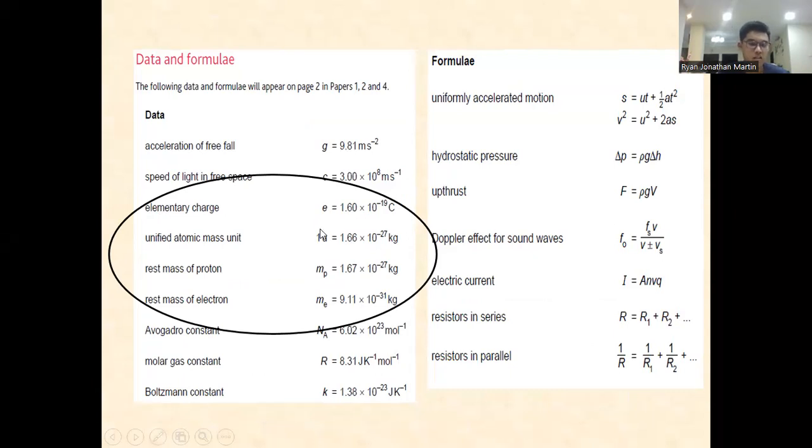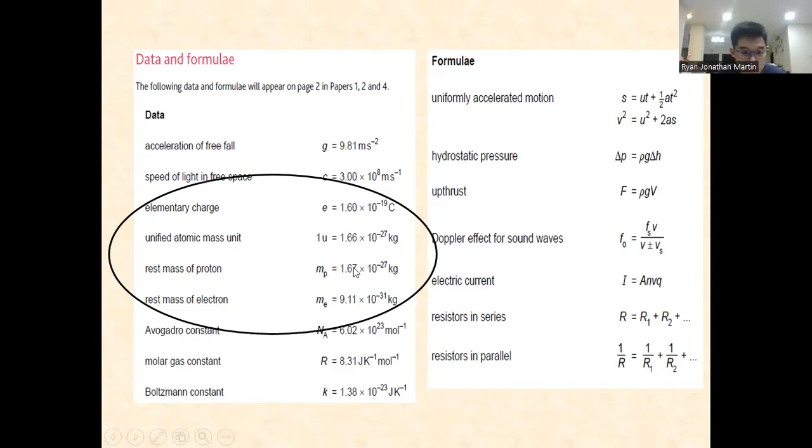This is the atomic mass unit. If you like, it is the average mass of a proton and neutron in a nucleus. So usually they will ask you to calculate the mass of, let's say, iron, and then you have to use the mass number times this number. The rest mass of the neutron is not given.